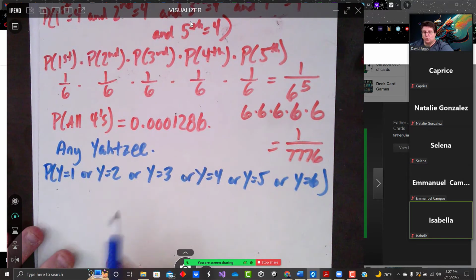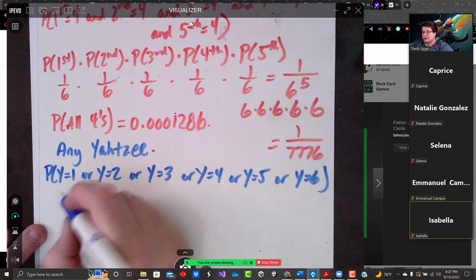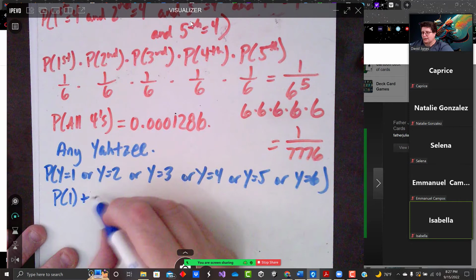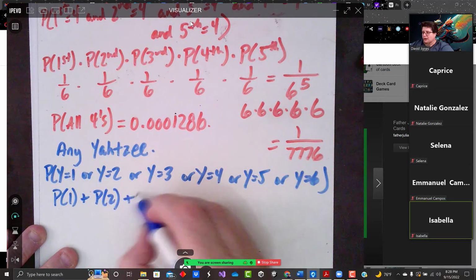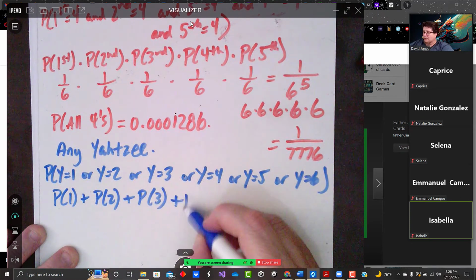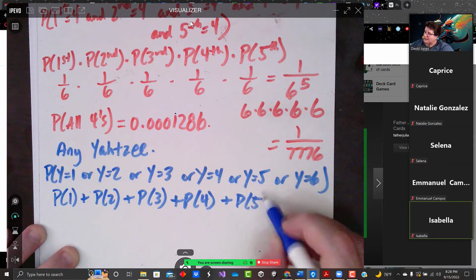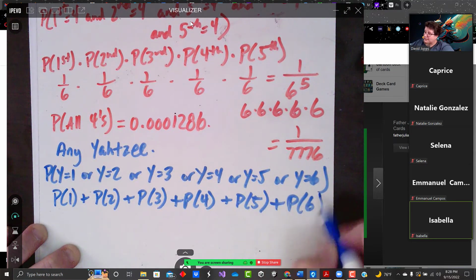And remember, the ors turn into addition. So this would be probability of 1s plus probability of 2s plus probability of 3s plus probability of 4s plus probability of 5s plus probability of 6s.